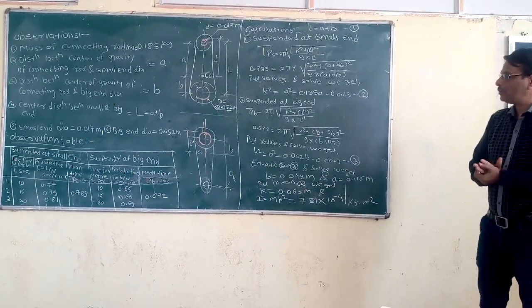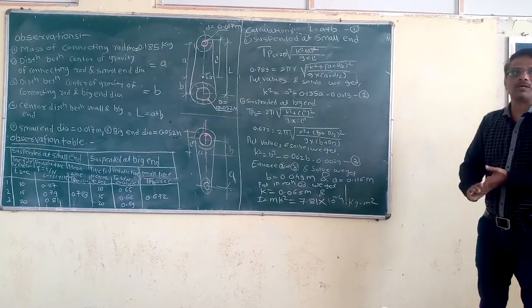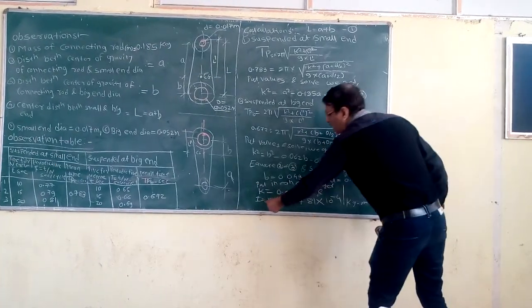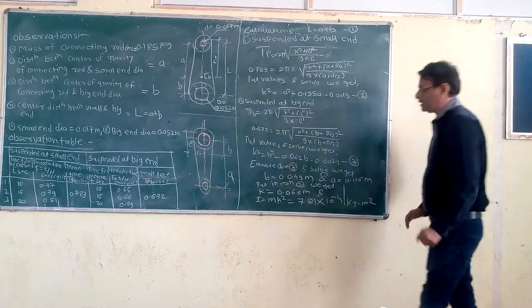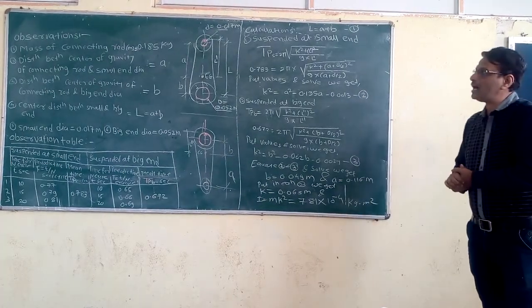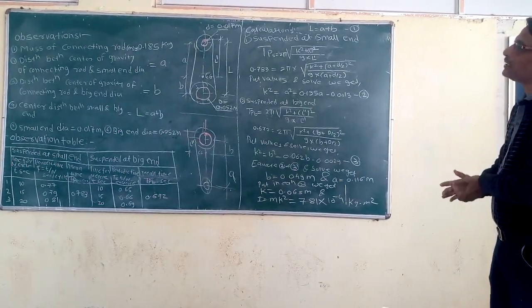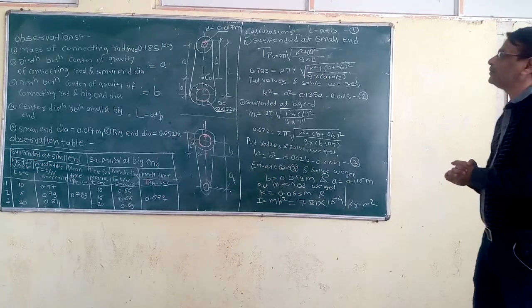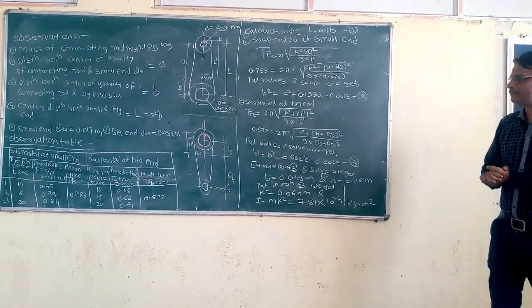And you know the formula to find the mass moment of inertia: I is equal to m k square. Already you know the mass of the connecting rod. It is 0.185 kg, or 185 gram.